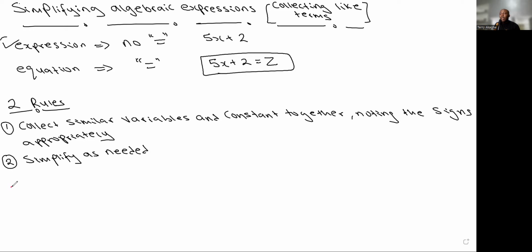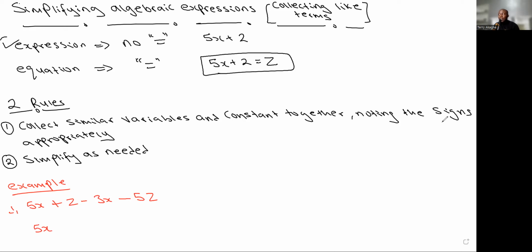So let's pick an example. Let's say I have 5x plus z minus 3x minus 5z, and you were told to simplify. The first rule says you have to collect similar variables and constants together. In this case, we only have variables, but they have to be similar. So we have a 5x here. The similar variable to the 5x is 3x, but not just 3x.